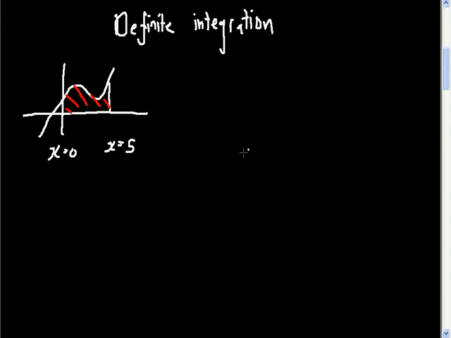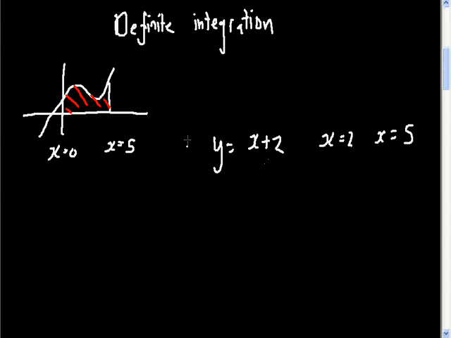So I'll give you a function like this: y is equal to x plus 2. Let's say you were asked to do the definite integration between x equal to 2 and x equal to 5.